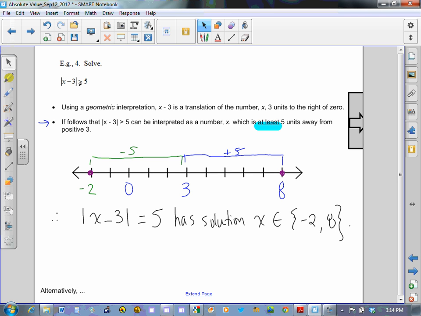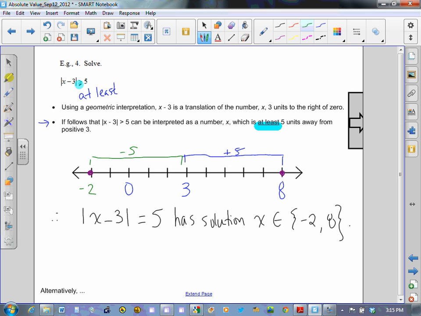The words at least in math mean that it could be 5 units away, or is 5 units away, or it's more than 5 units away. So this greater than or equal to symbol is really telling us that x minus 3 is at least 5 units away. Okay, so that's what we need to think now.